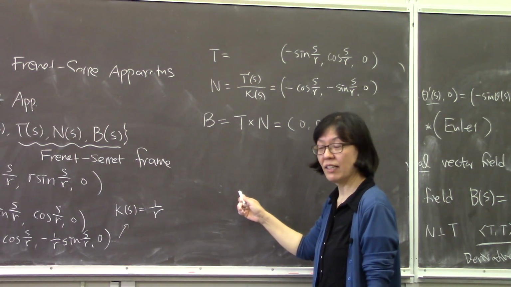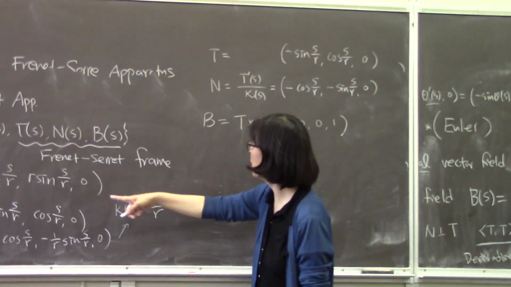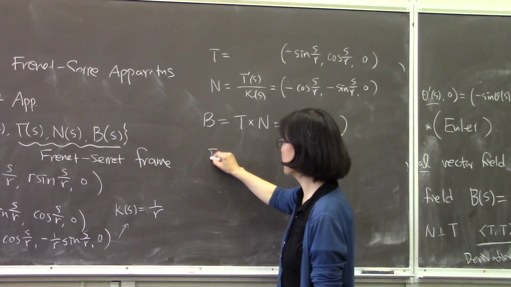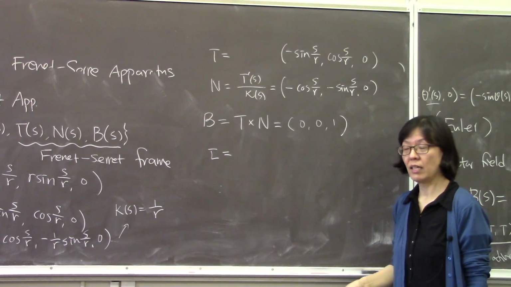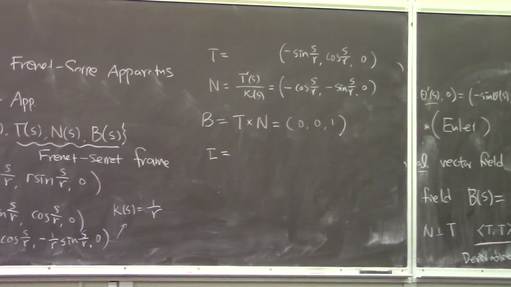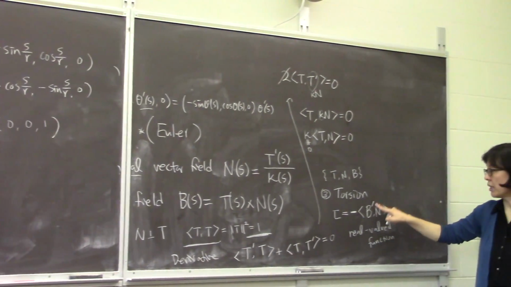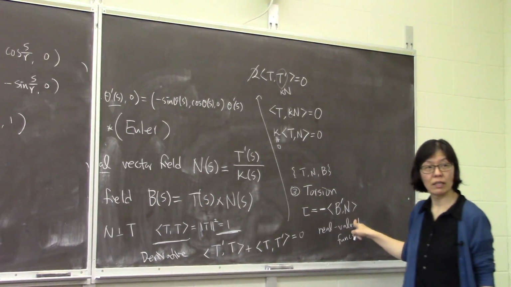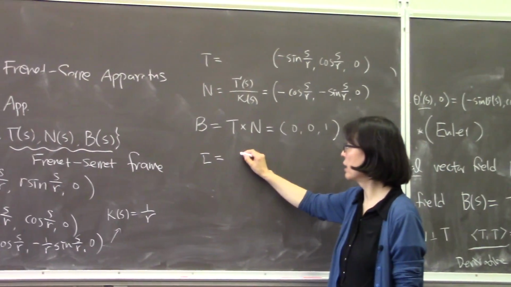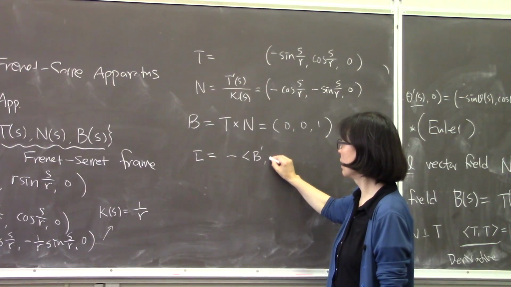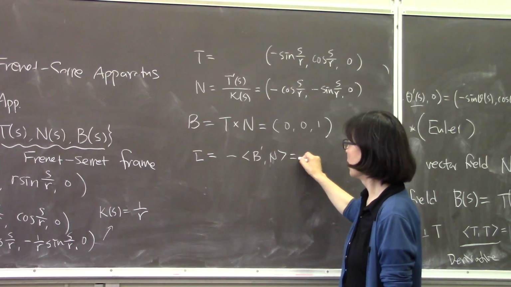So we have a curvature, we have T, N and B. So what is the torsion? Torsion is defined as the dot product of B prime and N. So what is B prime? B prime is 0.